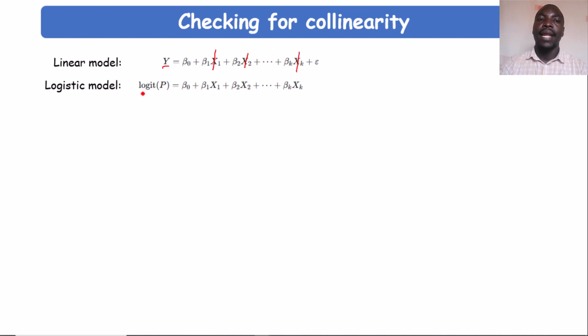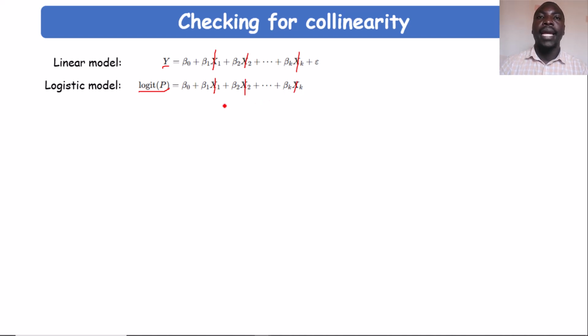The outcome does not have a direct linear relationship with the predictors. It is the log odds that have a linear relationship with the predictors. So it means for us to assess for collinearity, we should find a way of fitting a linear model between log odds and the predictors before we can get the collinearity diagnostics.